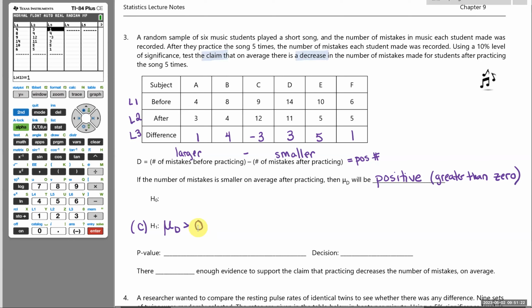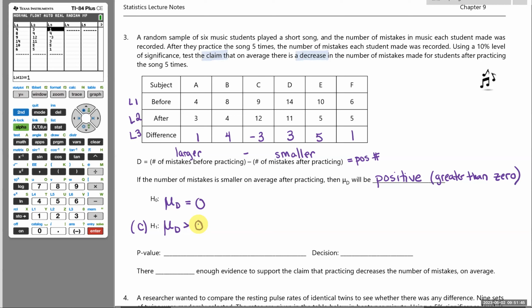And we're going to do a two-tailed test in a moment, but we've got a right-tailed test now. So our null hypothesis would be that the differences would be 0. In other words, that practicing would make no difference. Okay, so that's sort of the hard part, thinking that through, getting our hypotheses correct.